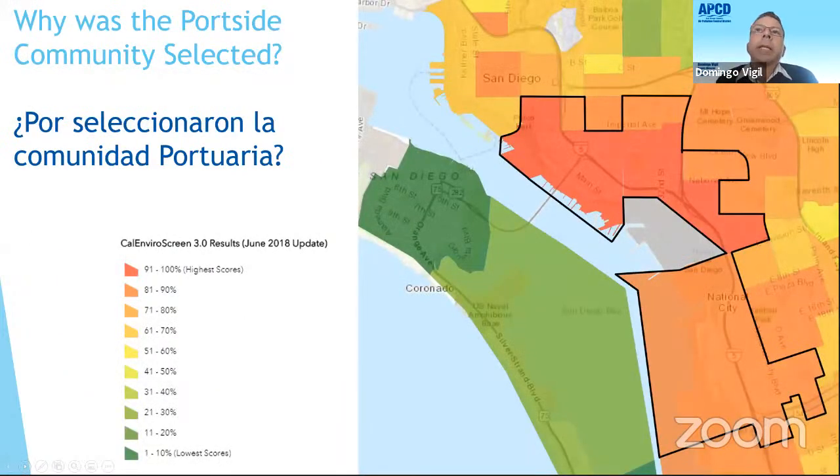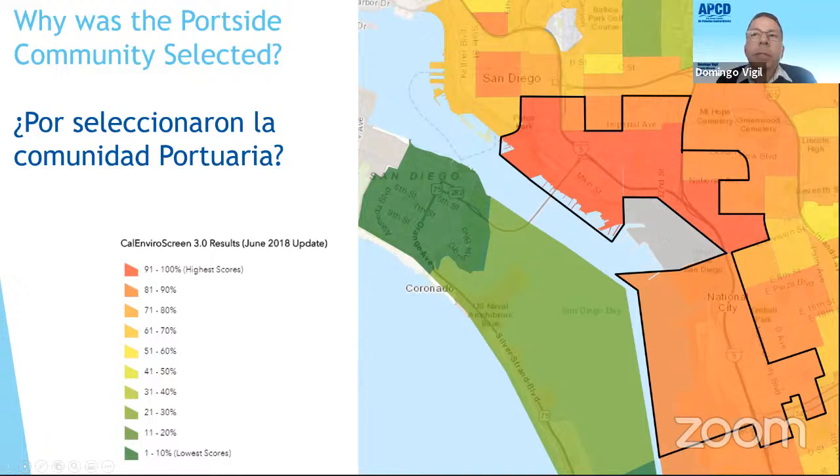So why was the Portside community selected? The Portside community, which includes Sherman Heights, Logan Heights, Barrio Logan, and West National City, was selected because it experiences higher levels of pollution burden and vulnerability than most communities in California, according to the state's Community Environmental Health Screening Tool, CalEnviroScreen 3.0.